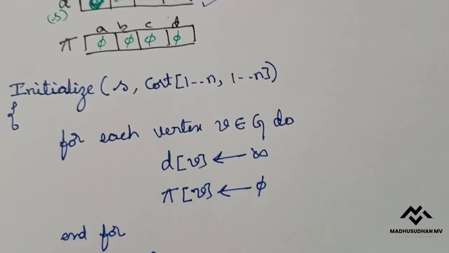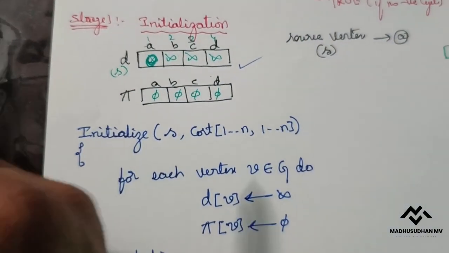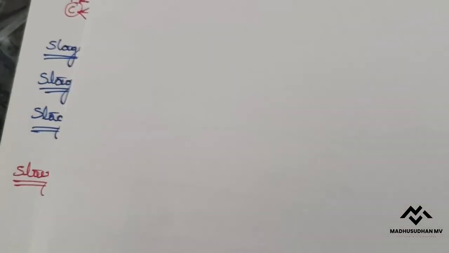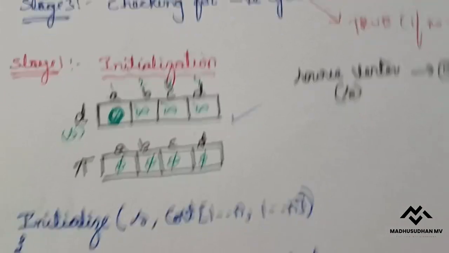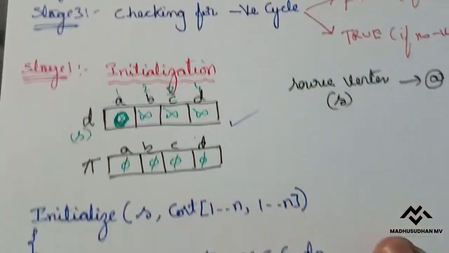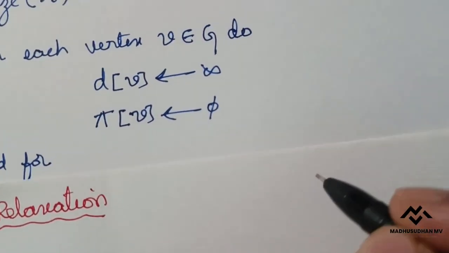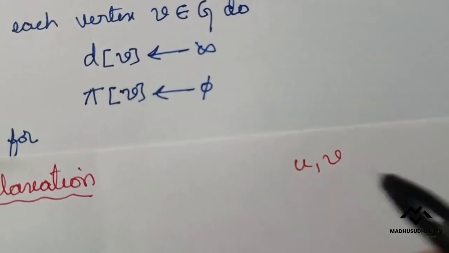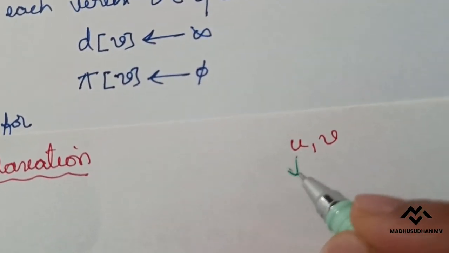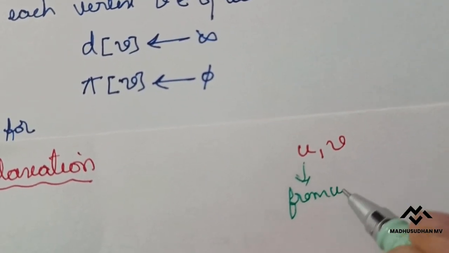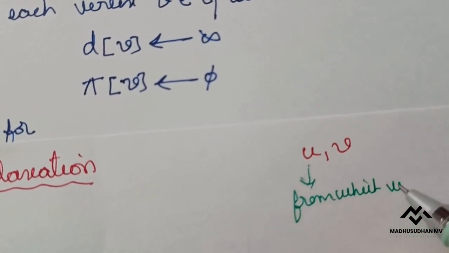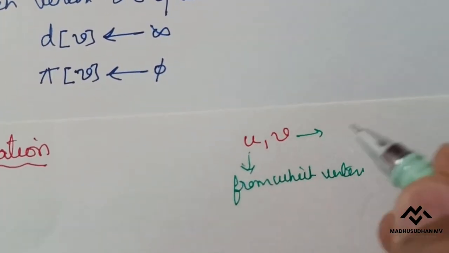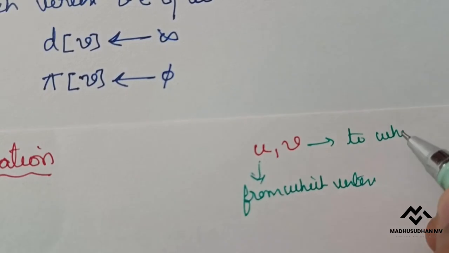Okay. So now in the relaxation stage, we need to find this for all the edges. So I'm taking each edge as U comma V. Here U indicates from which vertex and V indicates to which vertex.